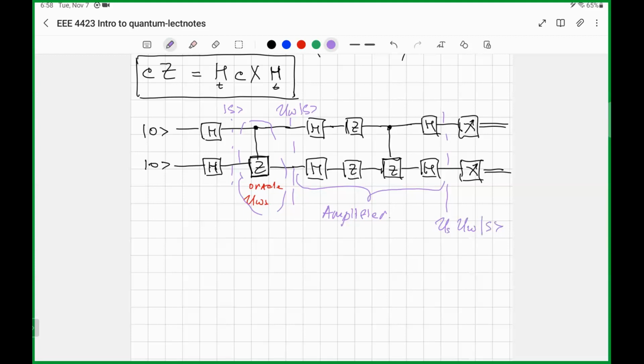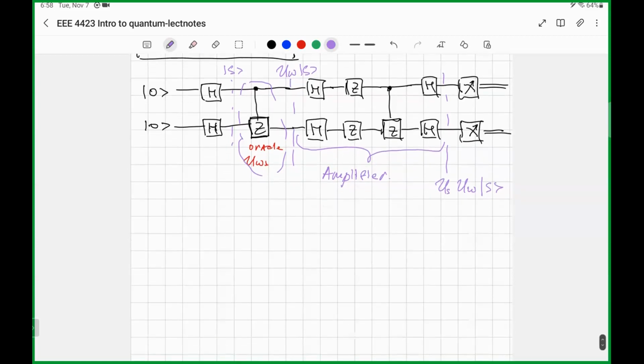And we need to apply this oracle and amplifier just once to get the right result. Okay, so this is the circuit.